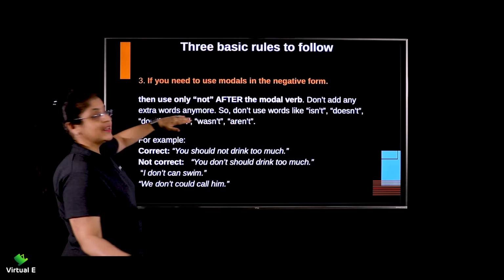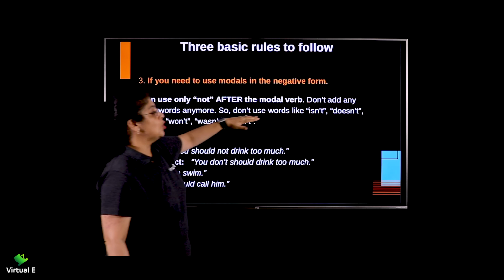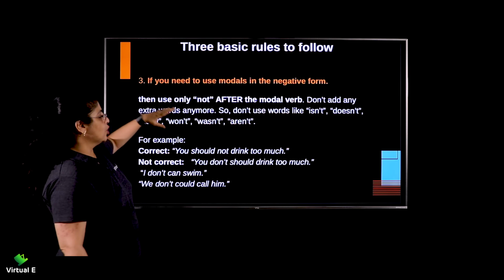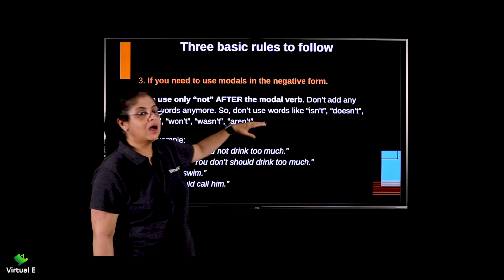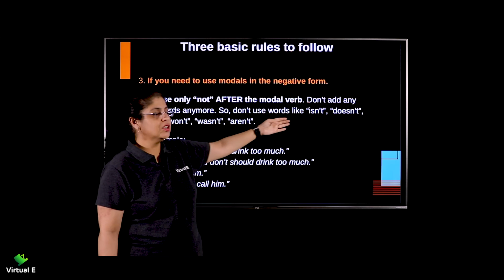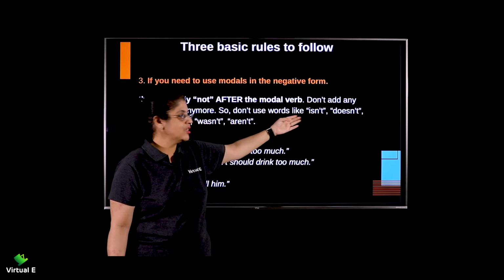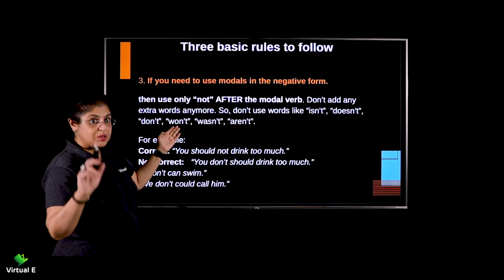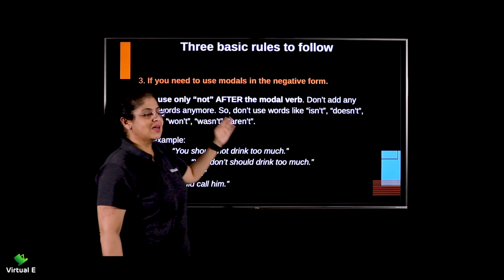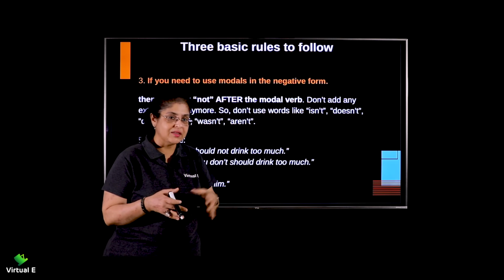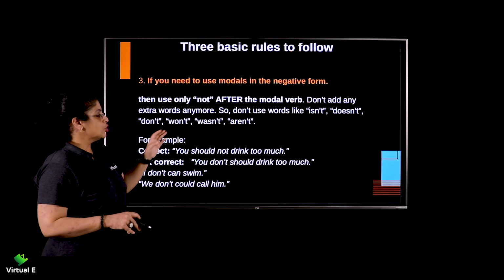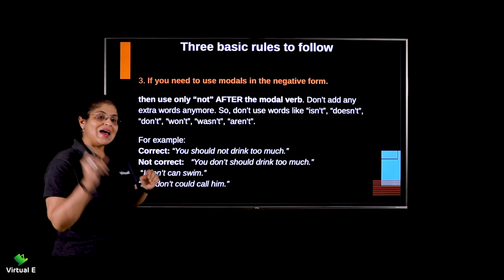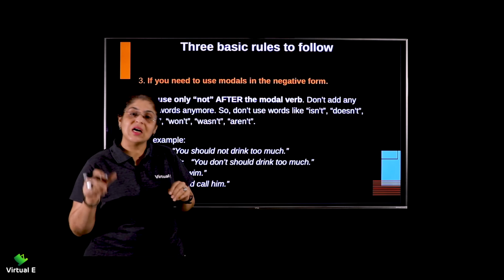Don't add any extra words. So don't use words like isn't, doesn't, don't, won't, wasn't, aren't. We are all aware these are contractions: is not, does not, do not, will not, won't is will not, was not, are not. So when you contract them, this is the formation. You're not going to use any of this. All that you have to do is add a simple not after the modal.